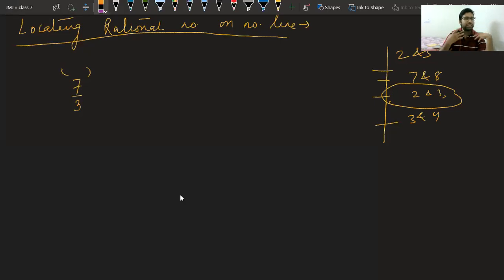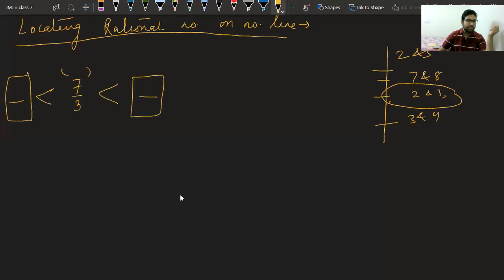Class, the concept is to understand between which two integers this number is lying. For that we need to understand two things: what is the smaller integer than 7 by 3 and what is the larger integer than 7 by 3? Don't worry, I'm explaining.